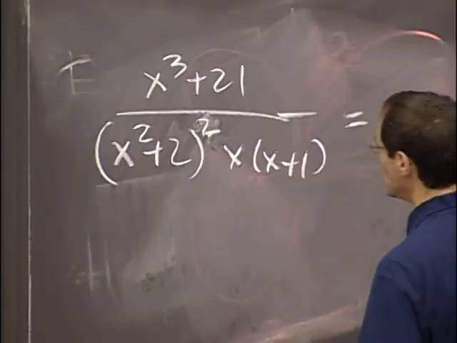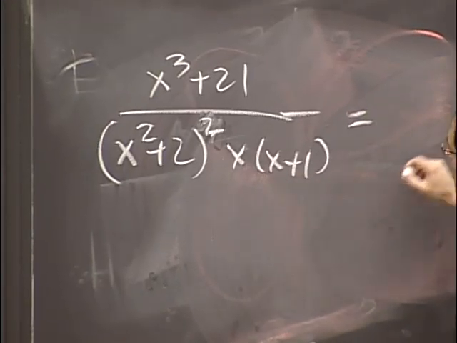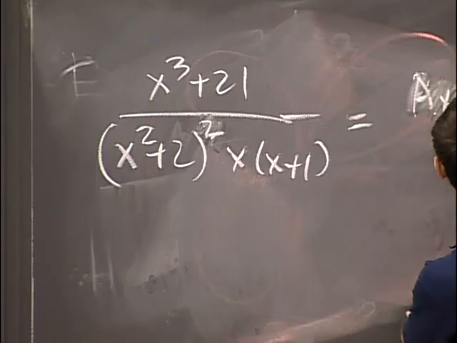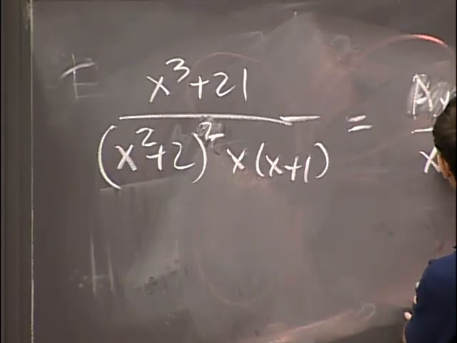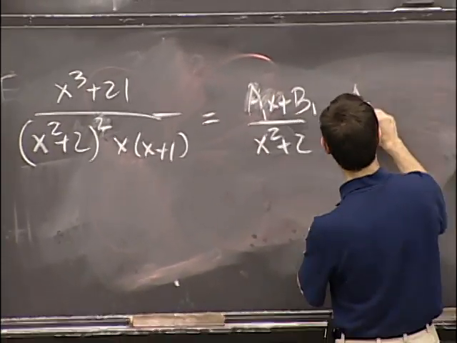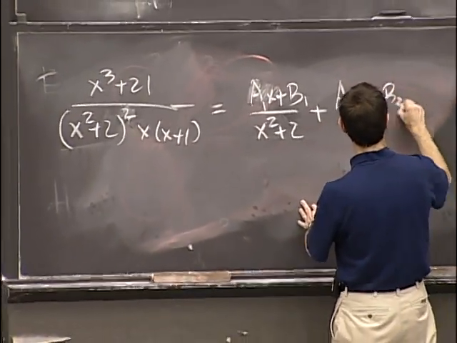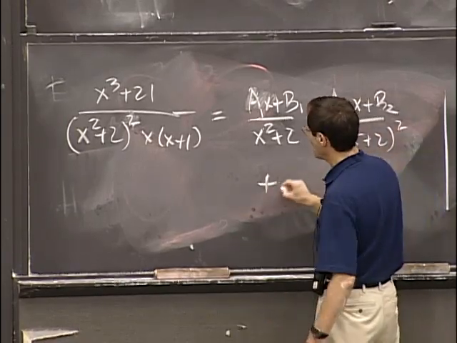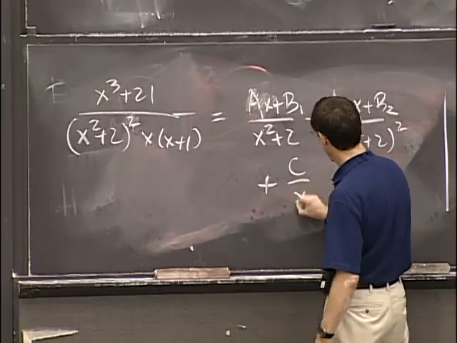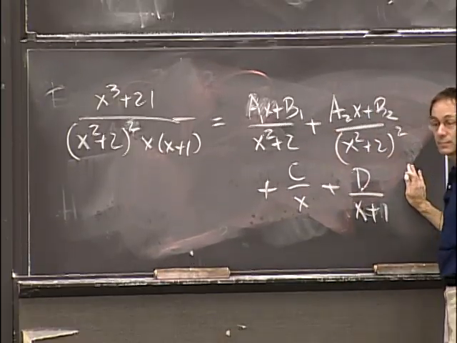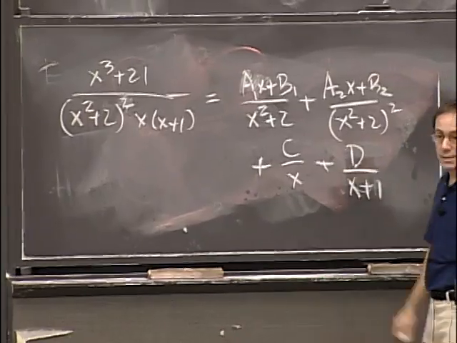So the parts with x and x plus 1 are the same, but now you have linear factors here: a1 x plus b1 divided by x squared plus 2, and a2 x plus b2 over x squared plus 2 squared, plus c over x plus d over x plus 1. This is the way it works.